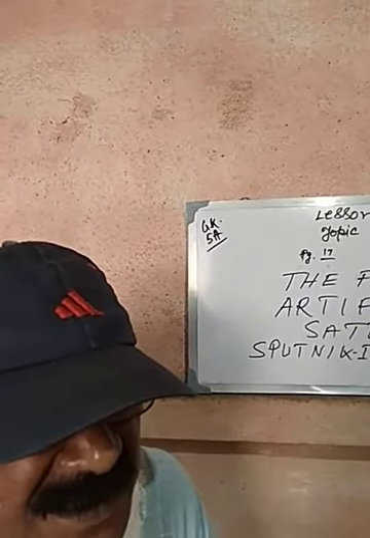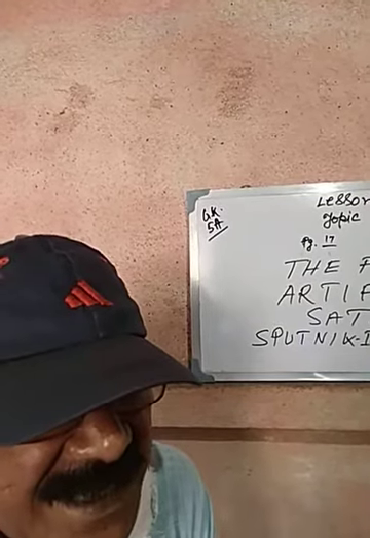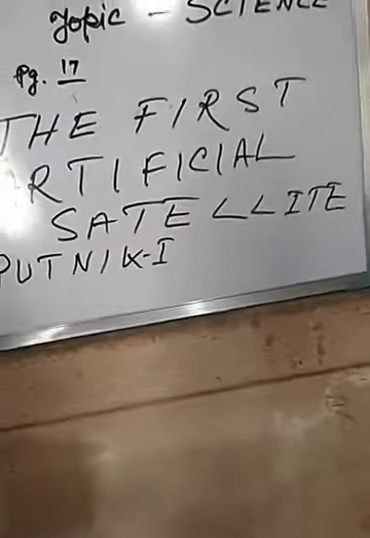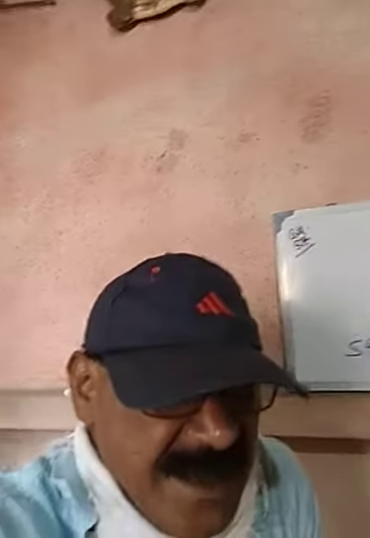This is the first artificial satellite sent by Russia in the year 1957, named Sputnik 1. This was the beginning of space travel.